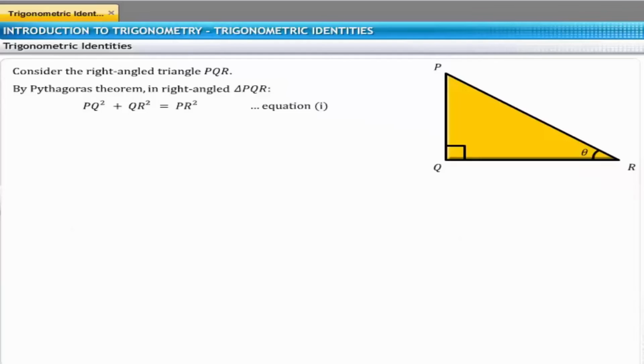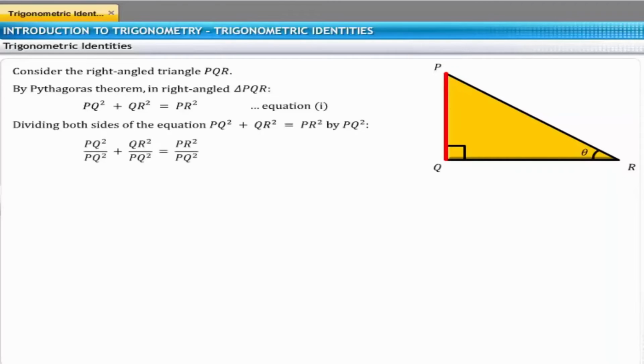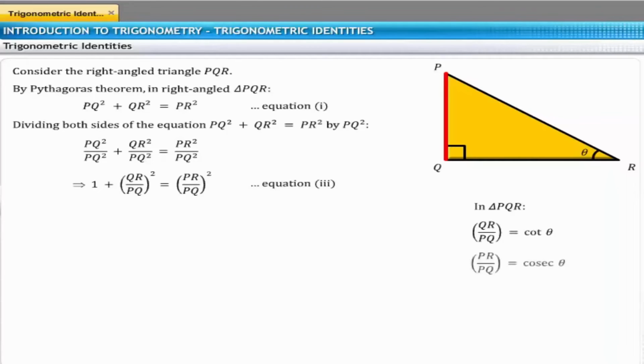Now, consider side PQ, the opposite side for angle theta. Let us divide both sides of equation 1 by PQ square to get equation 3. Now, in triangle PQR, the ratio QR upon PQ is equal to cot theta, and the ratio PR upon PQ is equal to cosec theta.